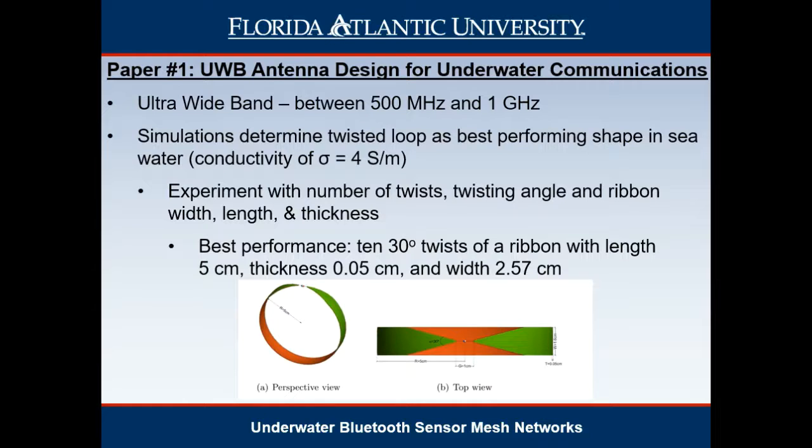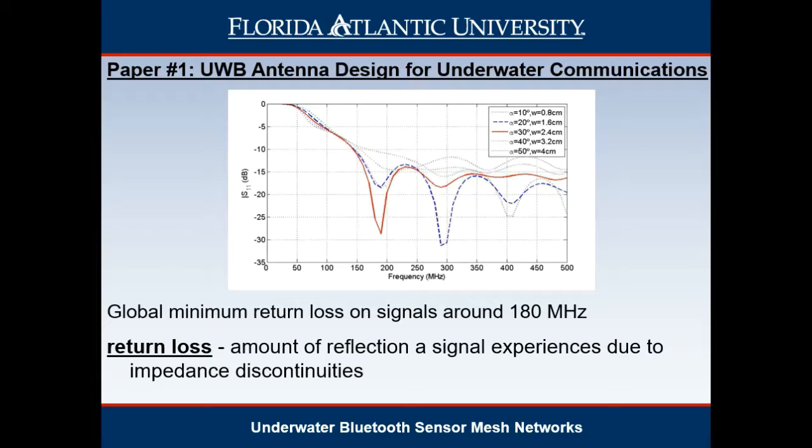And this is for the average ocean salt water of 4 Siemens per meter. The way they determine this best performer is by looking at the minimum return loss value at various frequencies.